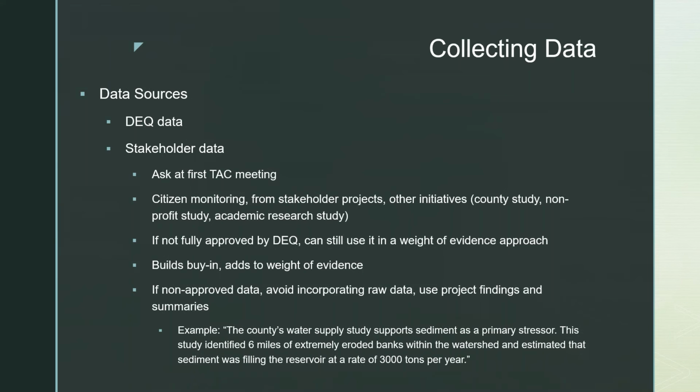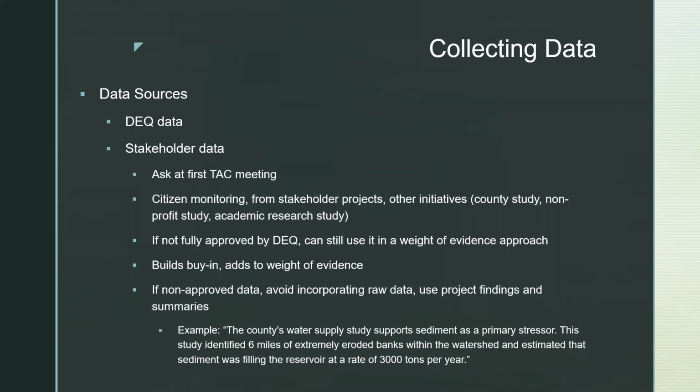Usually we have plenty of DEQ raw data to use in the analysis, but I usually incorporate it in another section called additional data. And rather than mixing in all the raw data together and coming to conclusions, we use DEQ's raw data and we come to some preliminary conclusions.